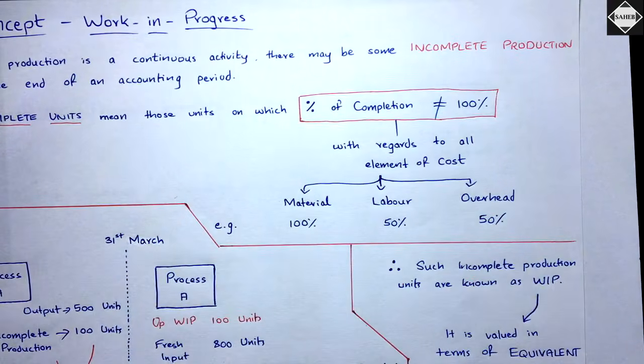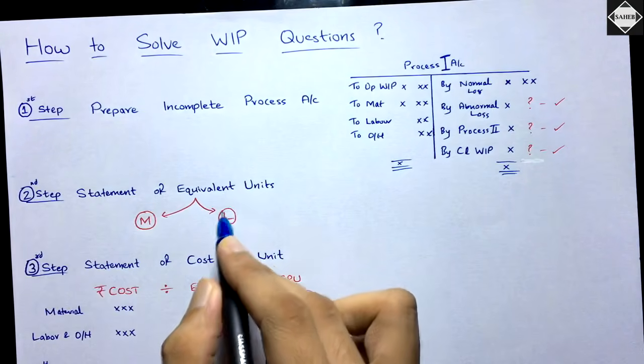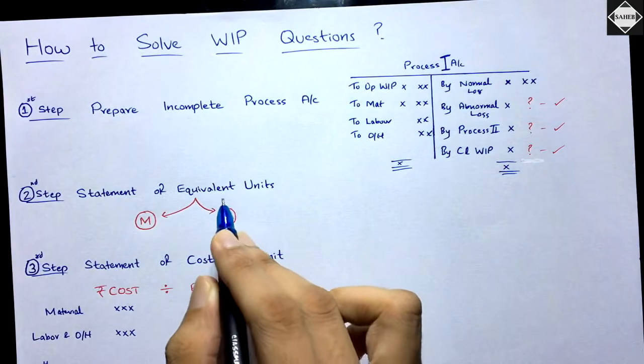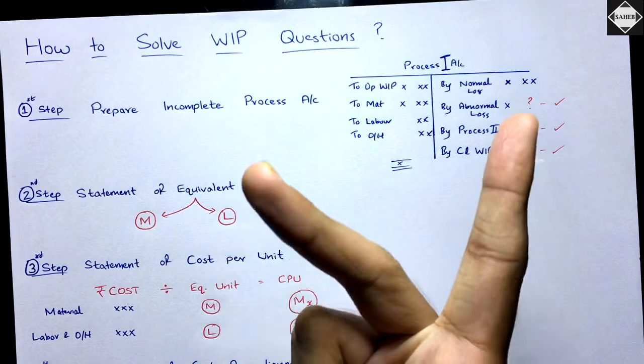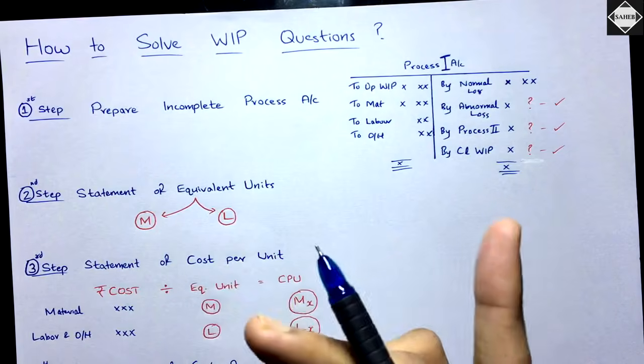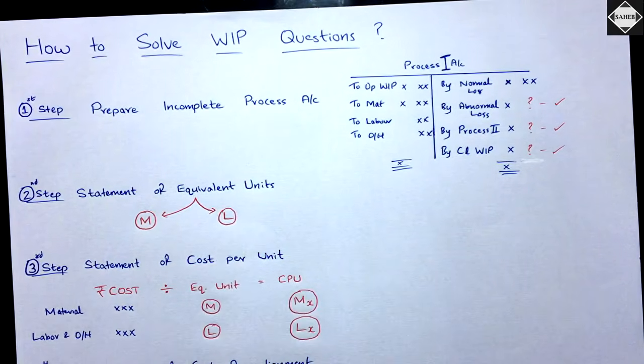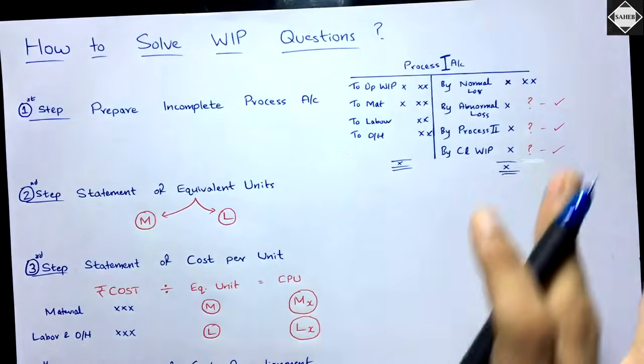We'll see that while solving the problem, don't worry. So just understand that you will prepare the statement of equivalent units, and from here you will get two different units, M and L. L means labor as well as overhead combined. So you will get M and you will get L. Here I'm just giving you an overview.